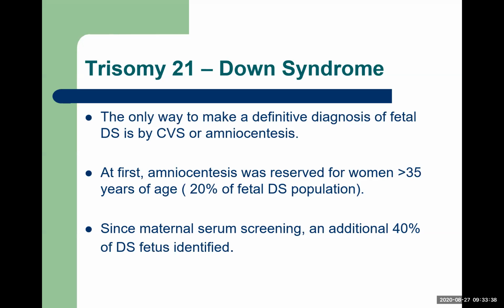But that would only pick up 20% of the fetal Down syndrome population, because the majority of Down syndrome actually does not occur in advanced maternal age moms, but in younger moms because they represent the majority of pregnant women. So since we were able to incorporate maternal serum screening, we have been able to identify an additional 40% of babies with Down syndrome.